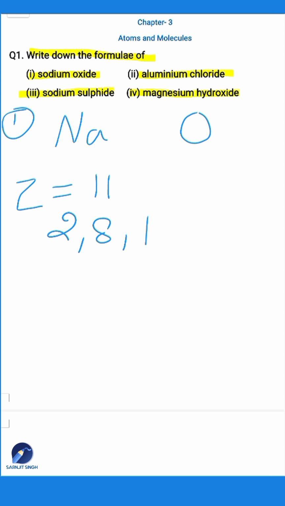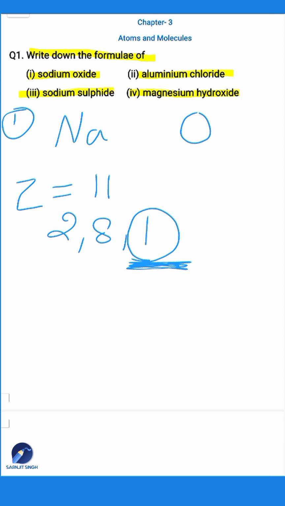But the outermost shell should have 8 electrons, so it is very difficult for sodium to gain 7 electrons instead of losing 1 electron. Sodium loses 1 electron instead of gaining 7 to fulfill its octet. That is why the valency of sodium is 1.